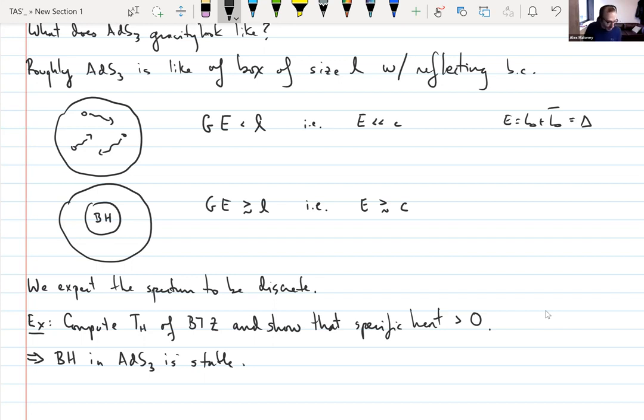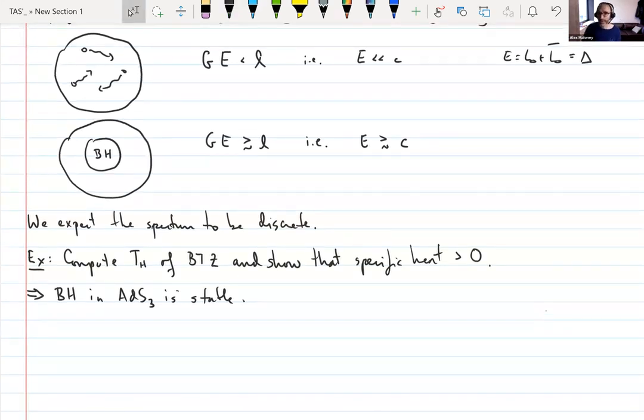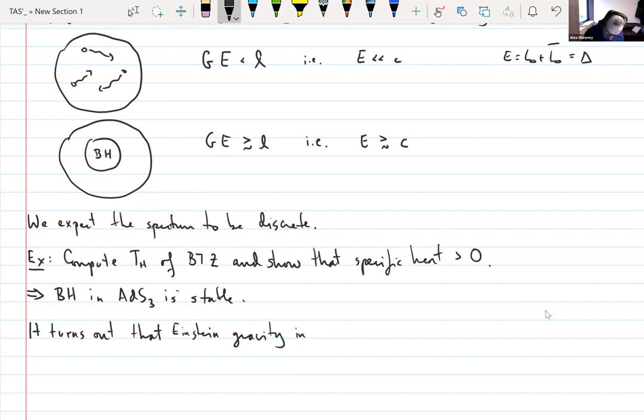Good. I'll mention one more interesting feature of gravity in AdS, which is very different from gravity in higher dimensions, which is that it turns out that Einstein gravity in AdS3 has no local degrees of freedom.